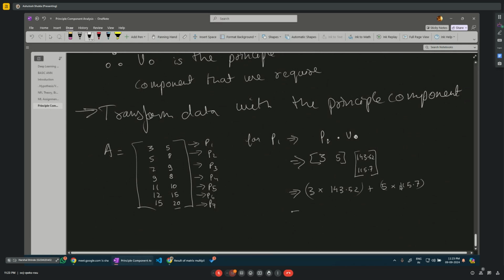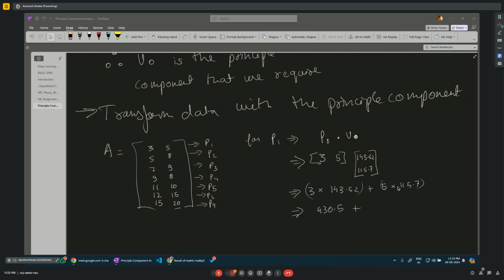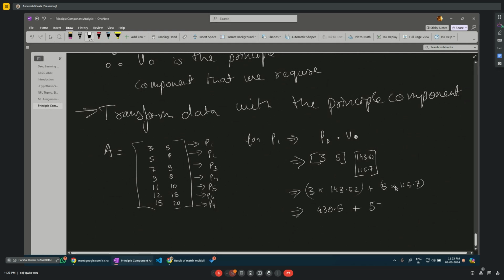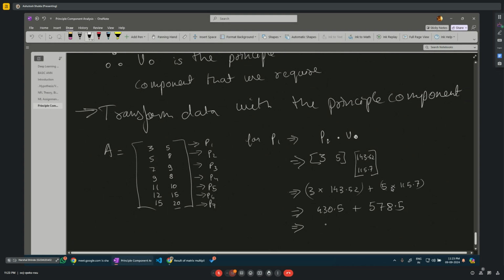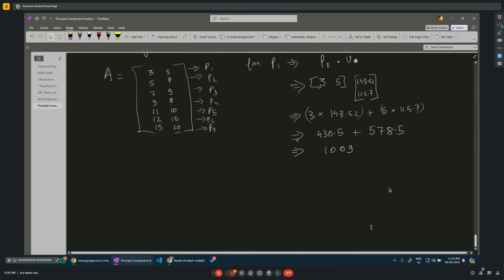So this is equal to 430.5 plus 5 into 115.7. 5 multiplied by 115.7 is 578.5. That is equal to this plus 430.5, 1009. So finally, you are starting to create a matrix.